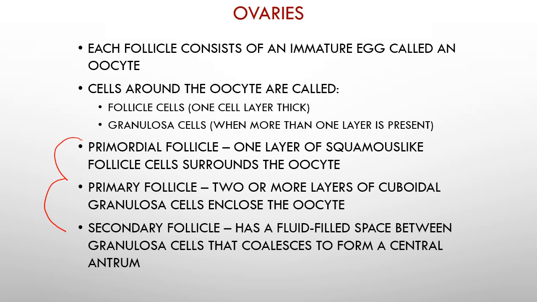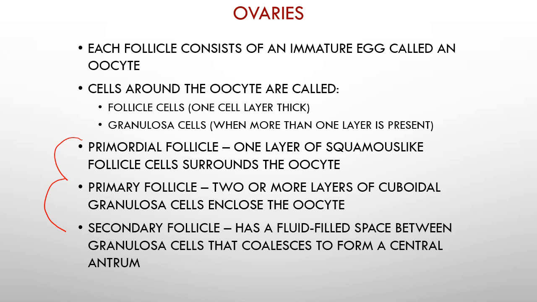The primary follicle, as it starts to develop, is going to increase those layers of cells surrounding it into cuboidal cells. These are going to be a couple of layers that surround the whole oocyte itself. Going from the primary follicle to the secondary follicle, we're now going to increase the number of cells surrounding it, as well as start to develop an antrum on the inside.